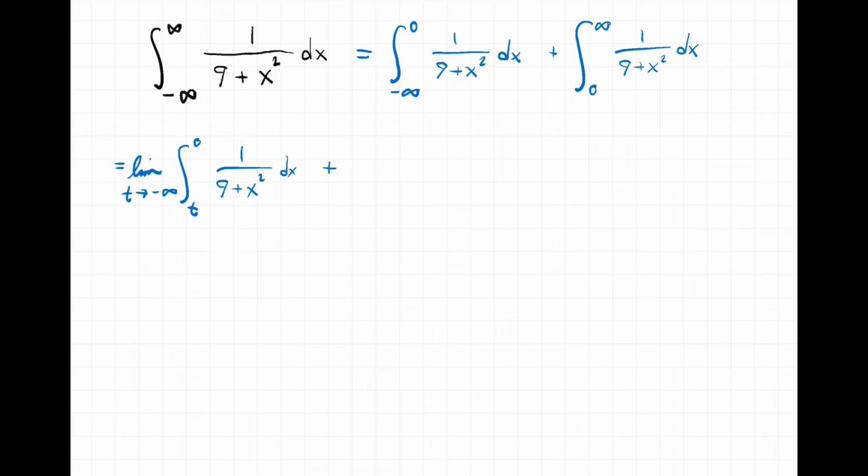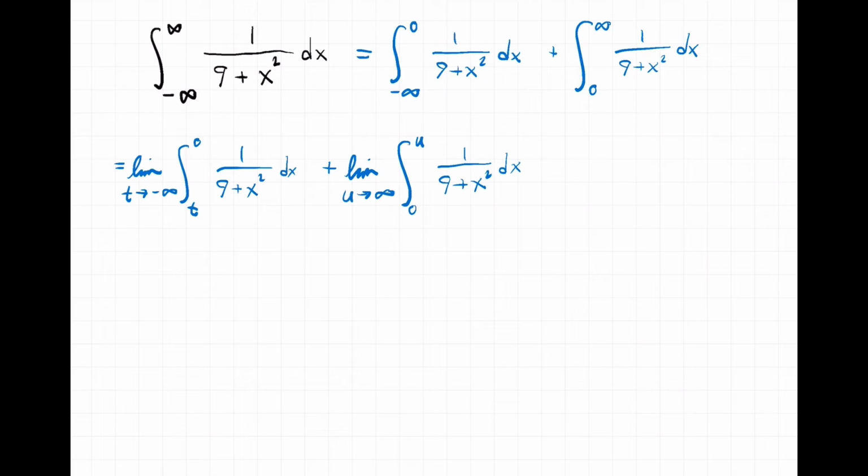So I can actually reuse the same variable twice if I want to. But maybe just to avoid confusion, I'll pick a different variable. Maybe I'll pick u this time. So the integral from 0 to u of 1 over 9 plus x squared dx, and take the limit as u goes to infinity.